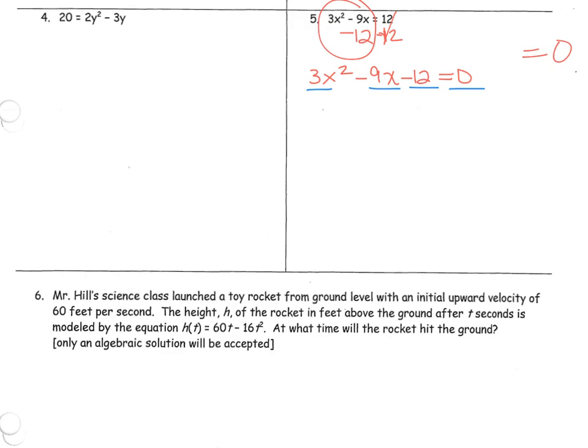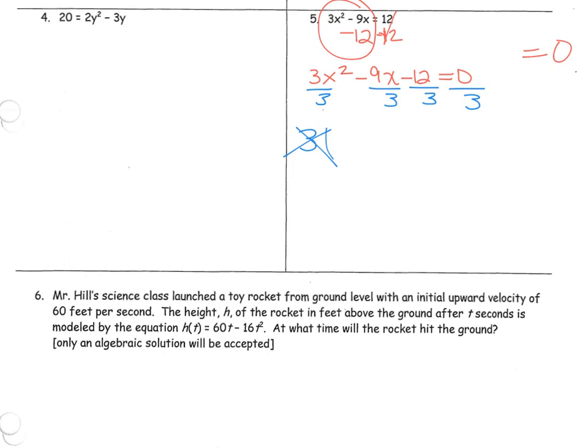All of these terms share a 3. So I'm taking out a 3 on everything. Because I'm dividing everything out by 3, you do not need to bring the 3 out front like we normally have. Because we are factoring everything out by 3, you do not need to bring the 3 out front.